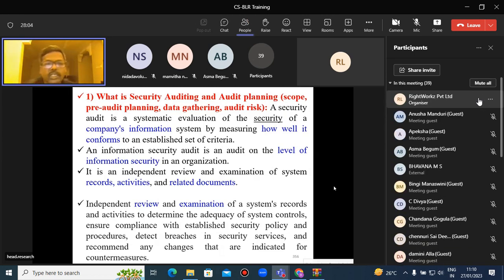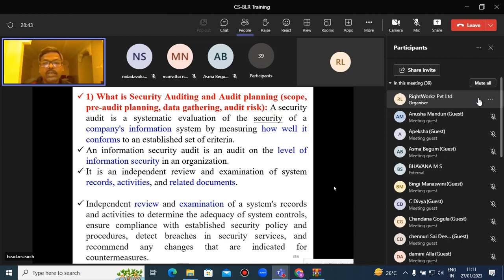A security audit is a systematic evaluation of the security of a company's information. See, you have an organization, an industry, an institute. You need to do a systematic evaluation of the security of a company's information system by measuring how well it conforms, how well you are using security mechanisms, to an established set of criteria.